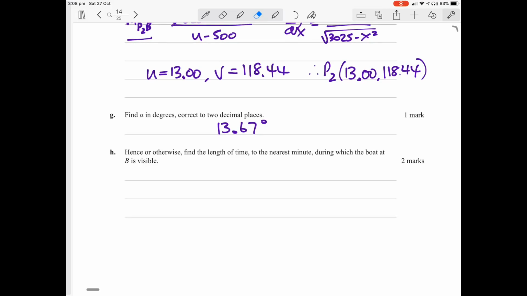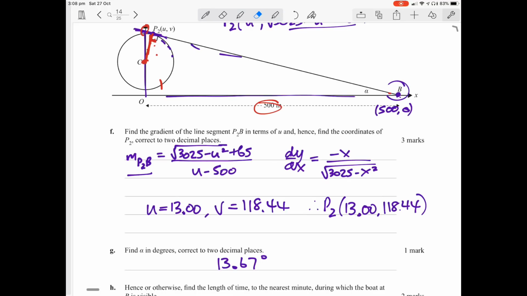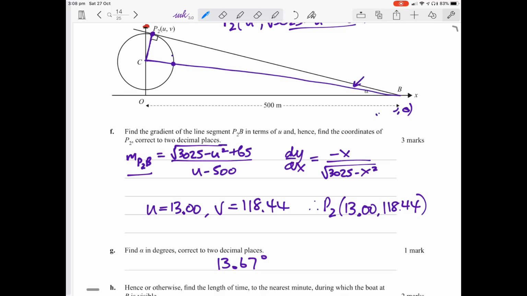Hence or otherwise, find the length of time, to the nearest minute, for which the boat B is visible. Okay, so we could find out, let's get rid of this. It's from here, and the other point is here. So we can work out what that angle is, because it'll be alpha minus theta.